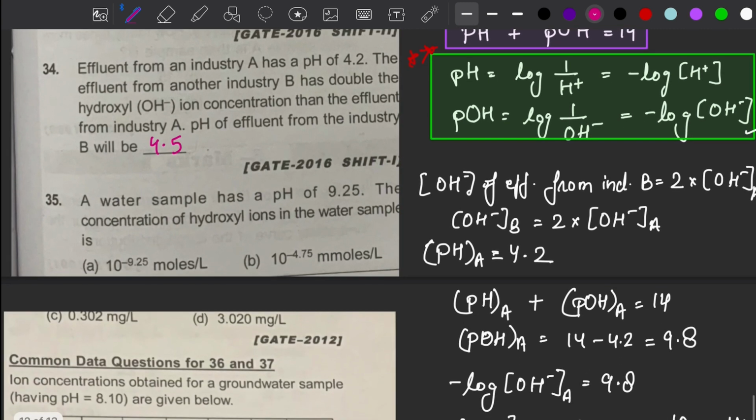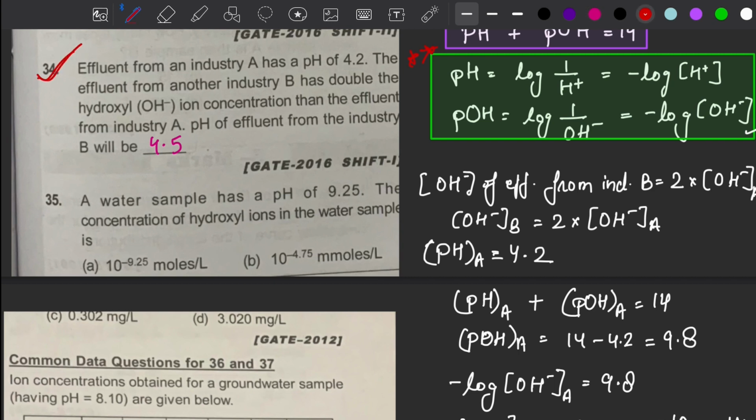Next is question number 35. A water sample has pH of 9.2. The concentration of hydroxyl ions in the water sample is C. Just now we have done question number 34.